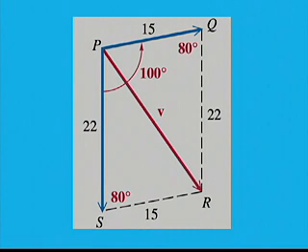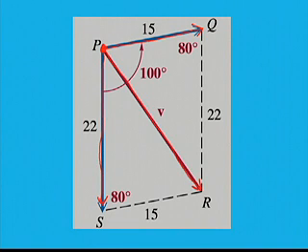We have our two forces, 15 and 22, which are pulling on point P. You also see that we have our resultant force, vector PR, which is the diagonal of the parallelogram formed PQRS.